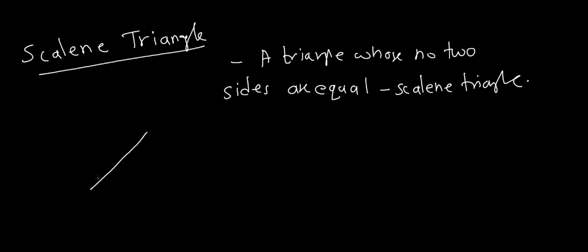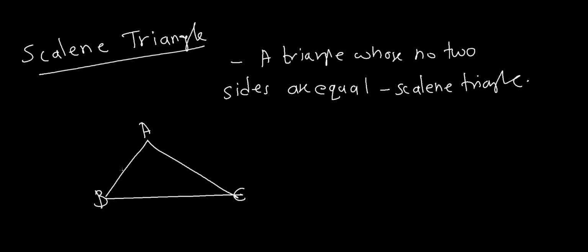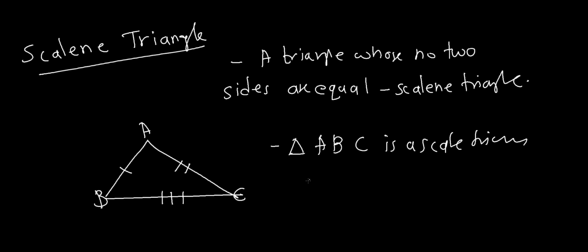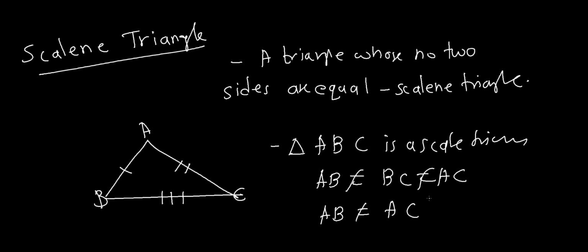So if we draw it like this, and this is triangle ABC. So this and this, no two sides. So triangle ABC is a scalene triangle, as AB is not equal to BC is not equal to AC in terms of their length. Also AB is not equal to AC.